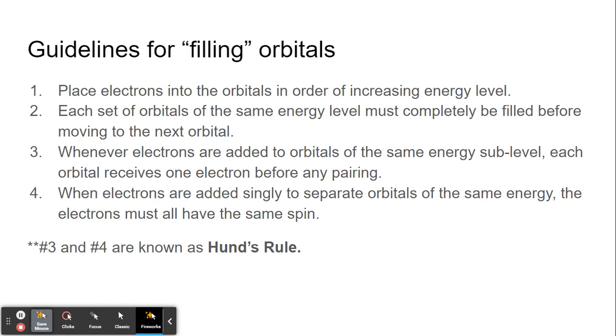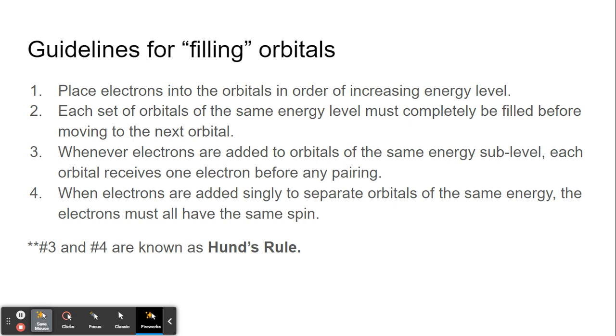So, if you're drawing these orbital diagrams, there's some guidelines for how these orbitals get filled. We place electrons in the orbitals in order of increasing energy level. Each set of orbitals in the same energy level must be completely filled before you move on to the next orbital.